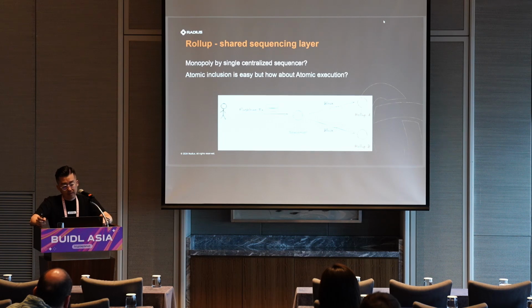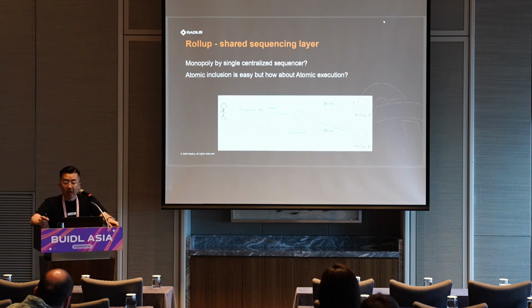Another problem is that these centralized sequencers only guarantee atomic inclusion. Because sequencers have the right to build a block, it's easy to include the flash loan transactions in each block for each rollup.